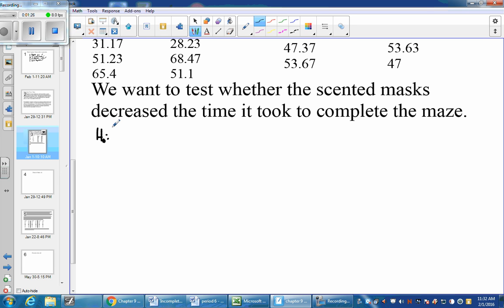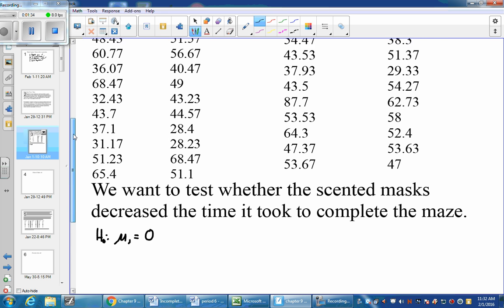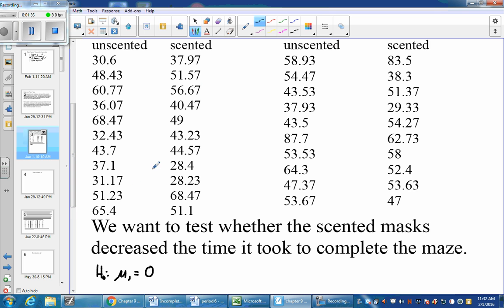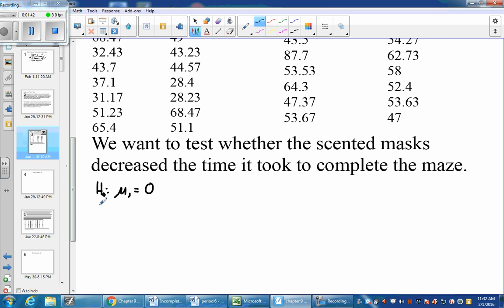Our null hypothesis is that the mean difference is 0. Because if there's no difference, we're just saying that if we subtract these two values, we get 0. Our alternative hypothesis is going to depend on how you look at this.